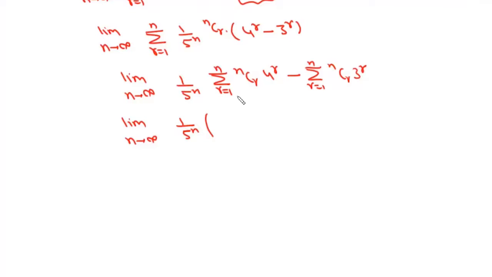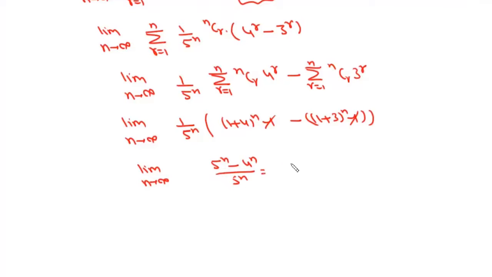Now there is this first term missing, which is nC0 4 to the power 0, which is 1. So we can write this as 1 plus 4 to the power n minus 1, and here it will be 1 plus 3 to the power n minus 1. Now this minus 1 plus 1 will cancel. So we can write this limit as limit n tends to infinity 5 to the power n minus 4 to the power n upon 5 to the power n, which is limit n tends to infinity 1 minus 4 by 5 to the power n.